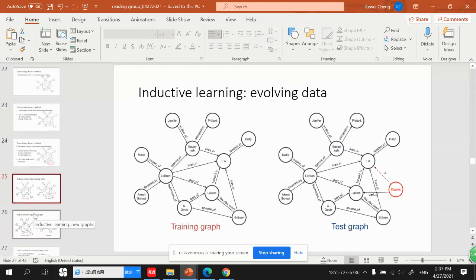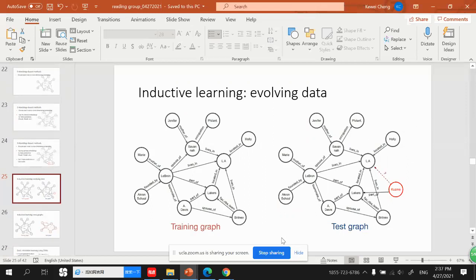So however, most of the scenarios in the real world are not transductive but inductive.